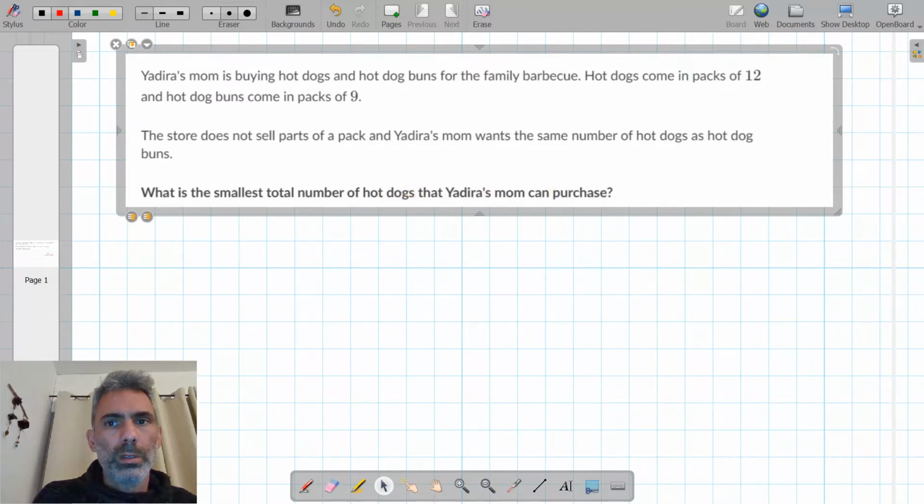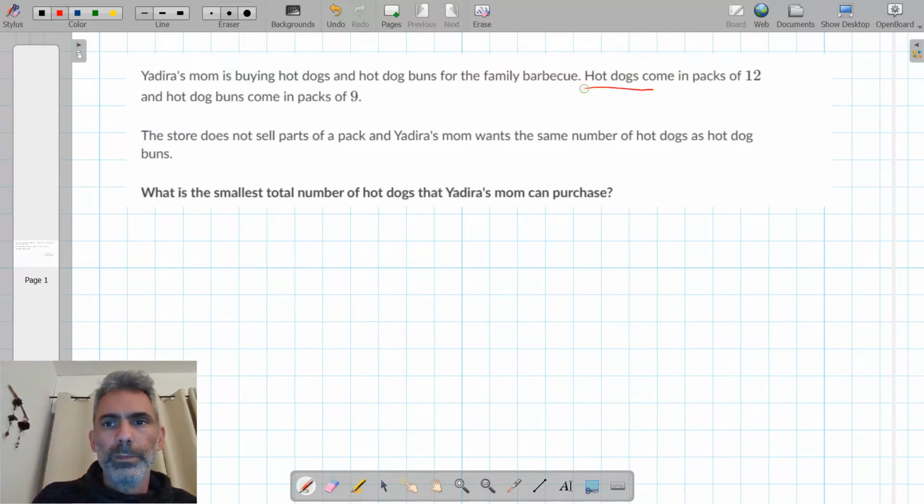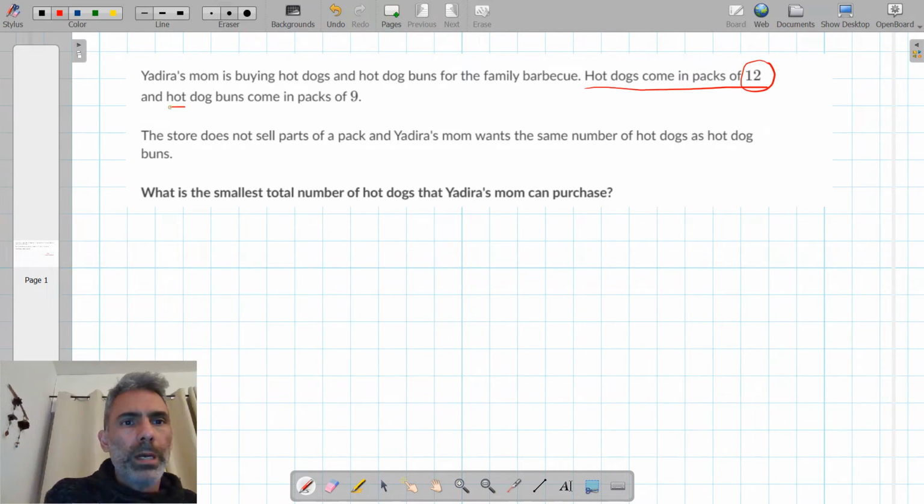Okay. So hot dogs come in packs of 12 and hot dog buns come in packs of 9. So we need to find the least common multiple of 9 and 12 to find out the smallest total number of hot dogs.